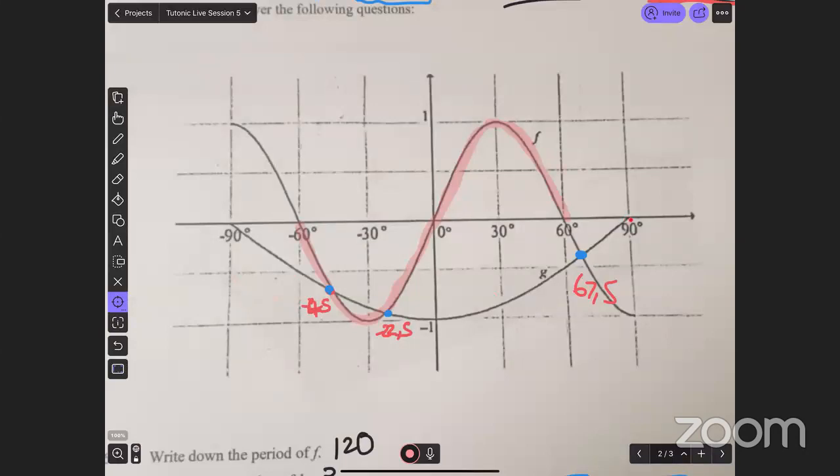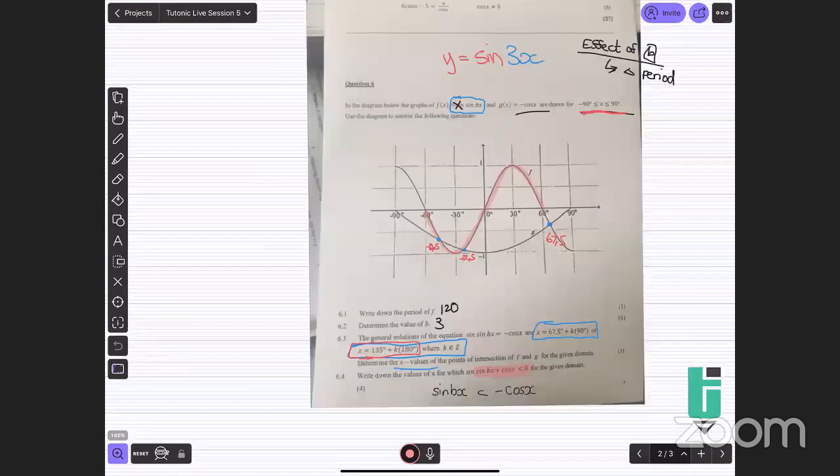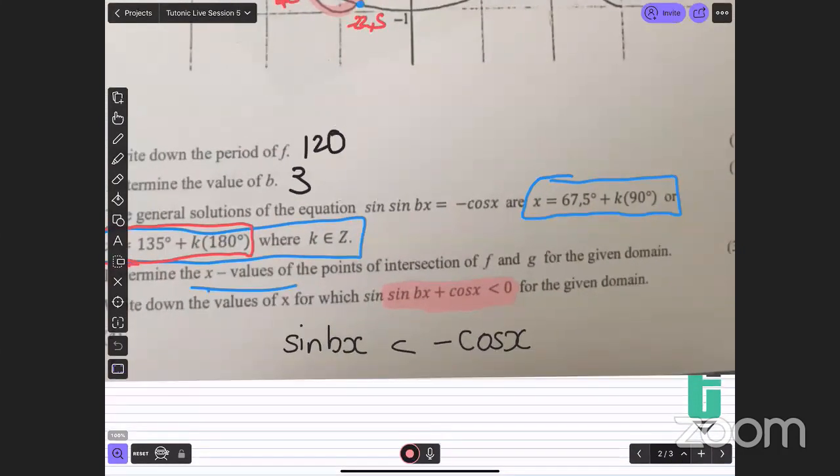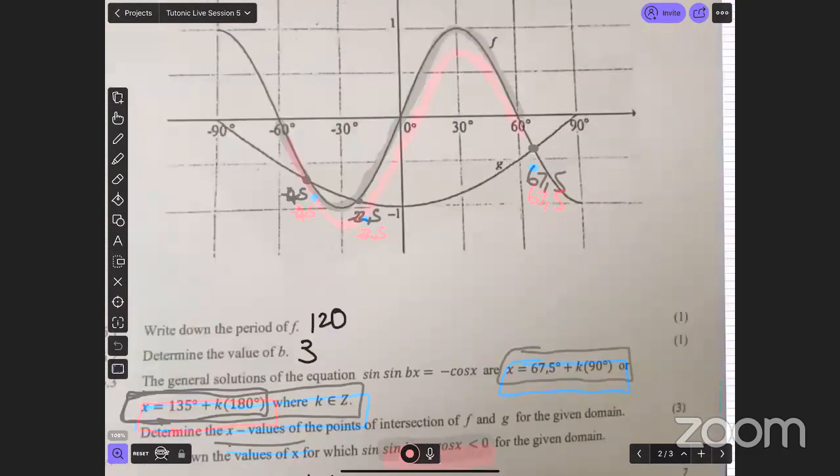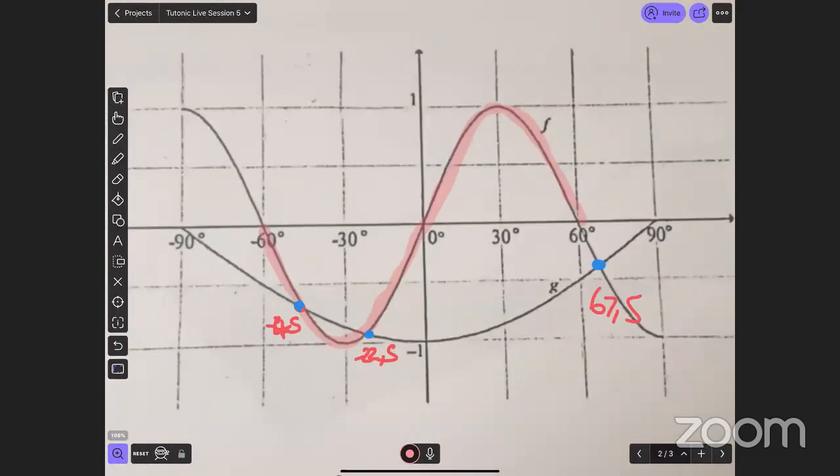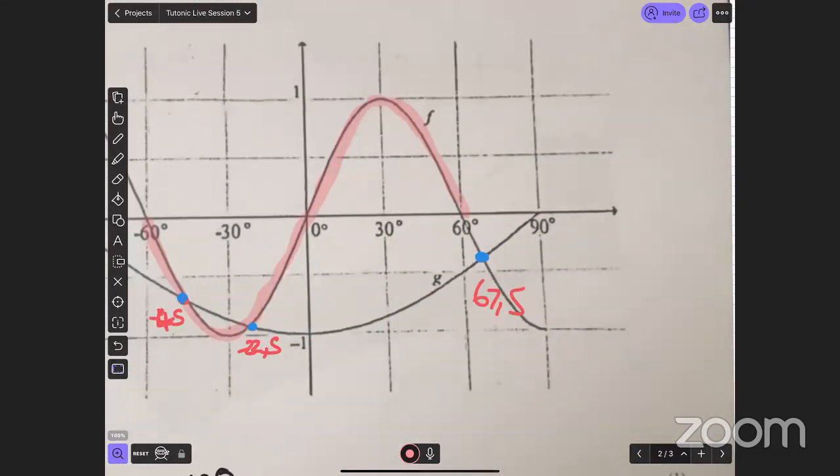The statement is sine less than minus cos, and sine is f and minus cos is g. So they're asking where is the sine graph, which is this one, less than the cos graph. So at this x value, is it less? Yes, until we get to 67.5.